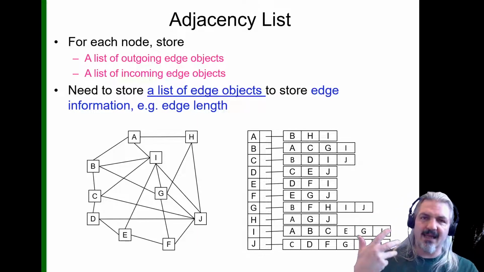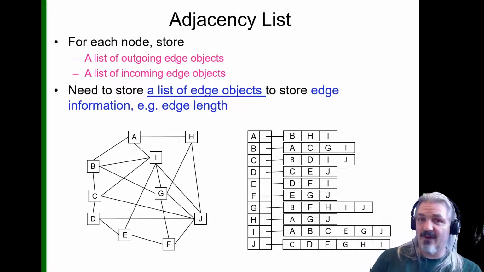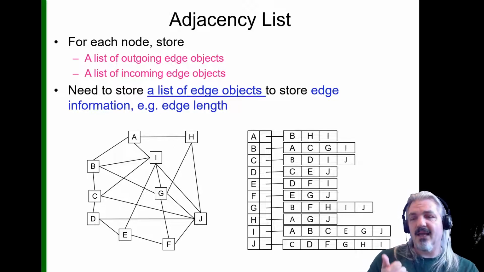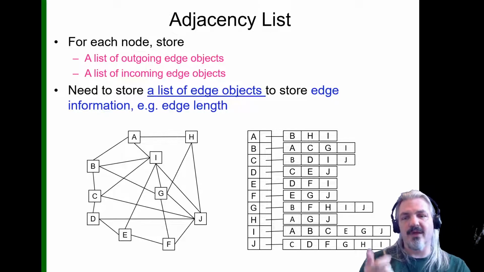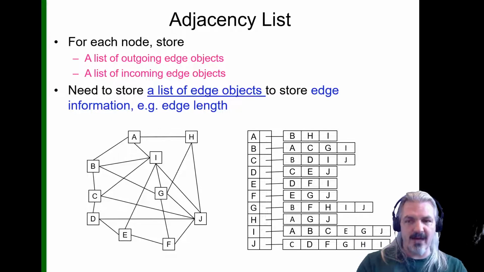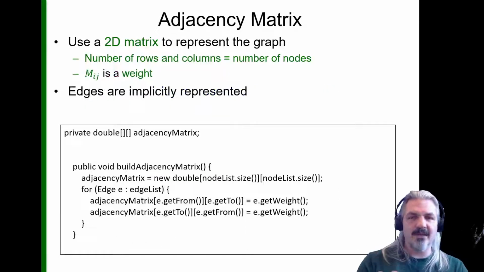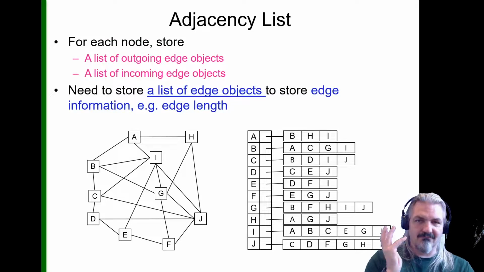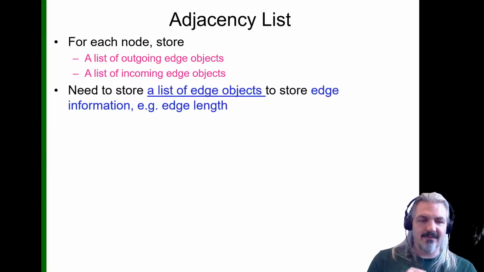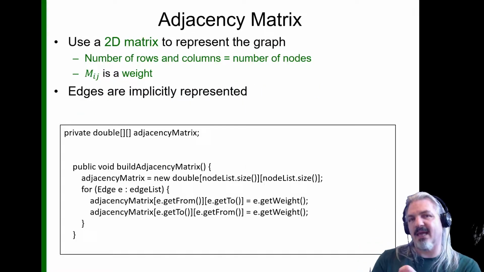So this has a CSV file, comma separated value files, in the code that represents this graph, and then I've loaded it in using some lists and then displayed that on the screen.